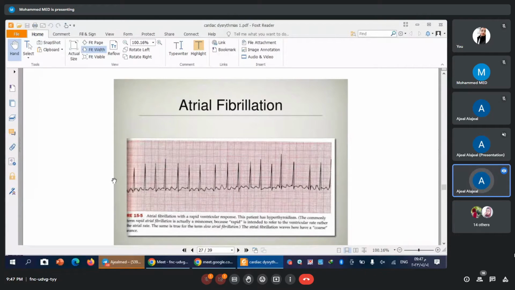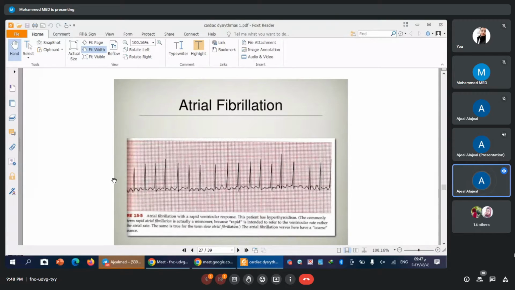I will say it again, if the atrial fibrillation is acute, then there is about 80% chance that it will convert in the first few days. But if it didn't convert after a few days, then most probably that's a permanent atrial fibrillation.